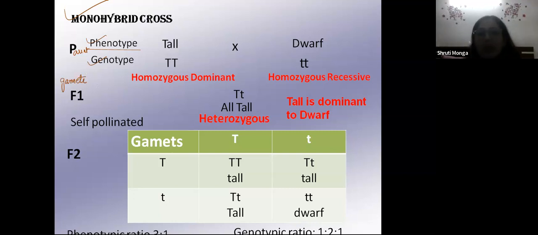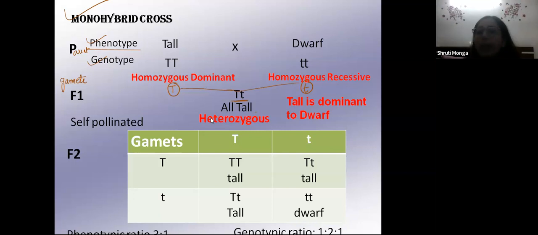So just write gamete, and here, this is the gamete, capital T circle, and here, this is the gamete, small t circle. Okay, and then you can show it like this. So in the F1 generation, you will get the plants with the genotype capital T, small t, which is all tall, and they are heterozygous.